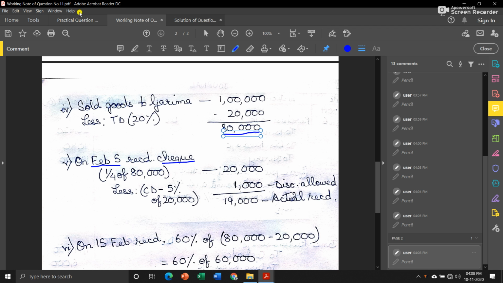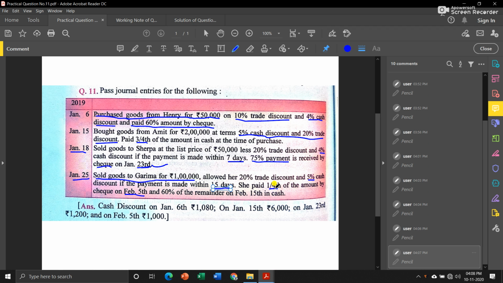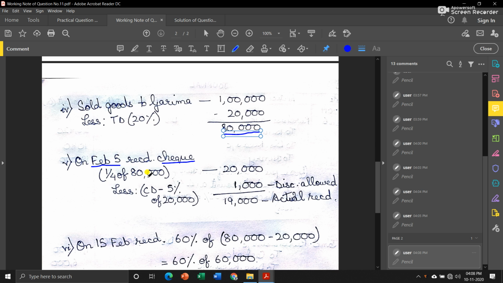In the question they said she paid 1/4 of the amount on 5th February. So 1/4 of this 80,000 is 20,000. Since she made that payment within 15 days, we have to give her 5% cash discount. So 5% of 20,000 is 1,000. After deducting this cash discount, what we actually received is 19,000.